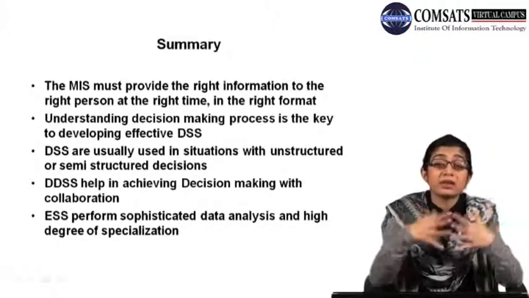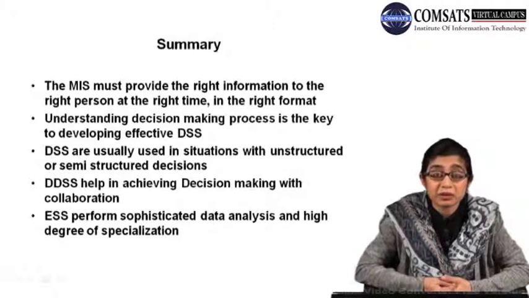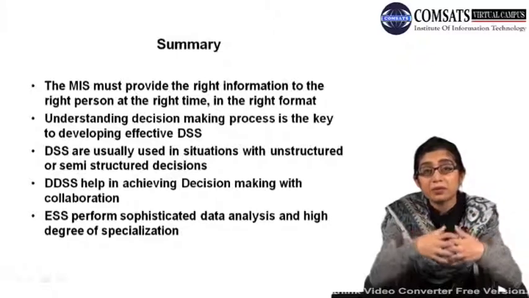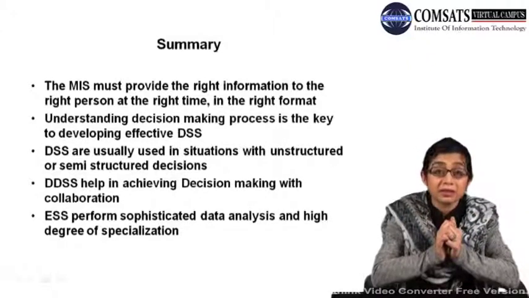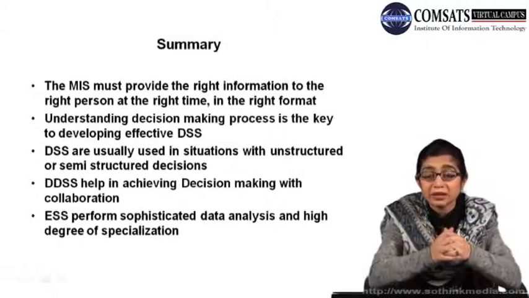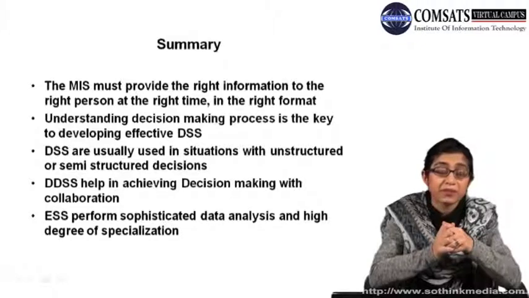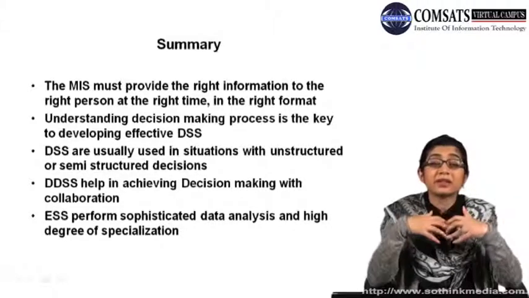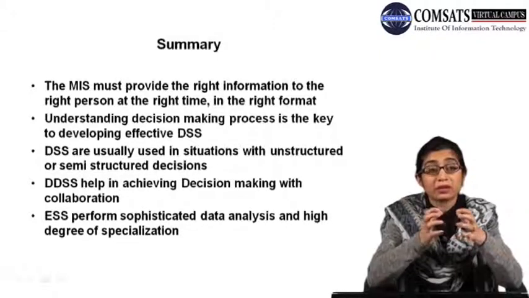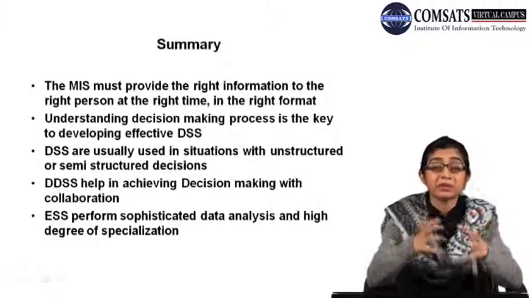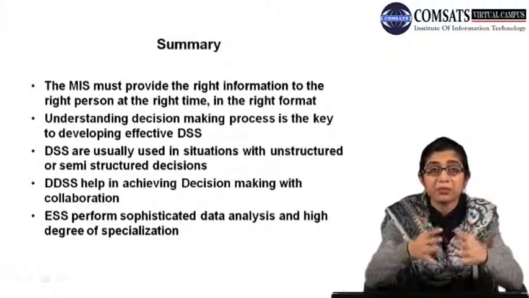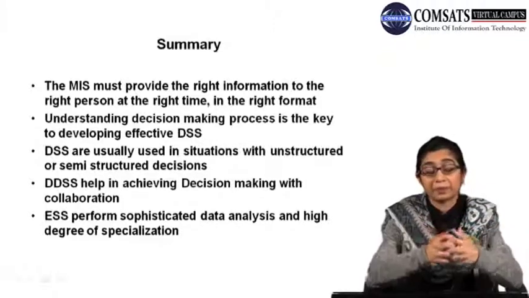Then we talked about the higher level support systems working in a specialized way at the top management level: the executive support systems or executive information systems. They perform sophisticated data analysis with a high degree of specialization because they cater to executive level strategic planning, strategic organization, crisis management, as well as complex problem solving required at the topmost management level.